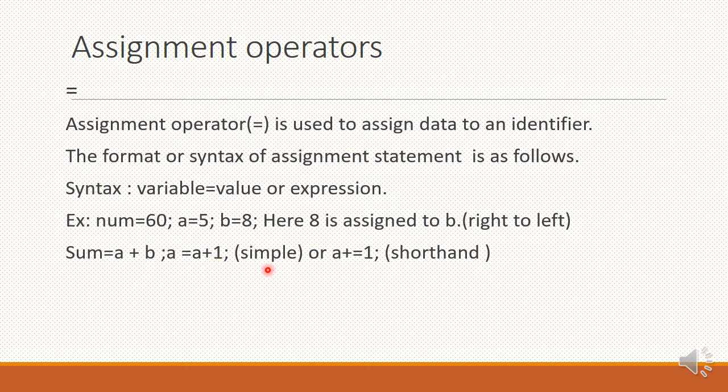The same thing you can write as A plus equal to 1. A plus equal to 1 is the same as A is equal to A plus 1. Here the plus together with the assignment operator is called a shorthand assignment operator, because we are writing it in short.